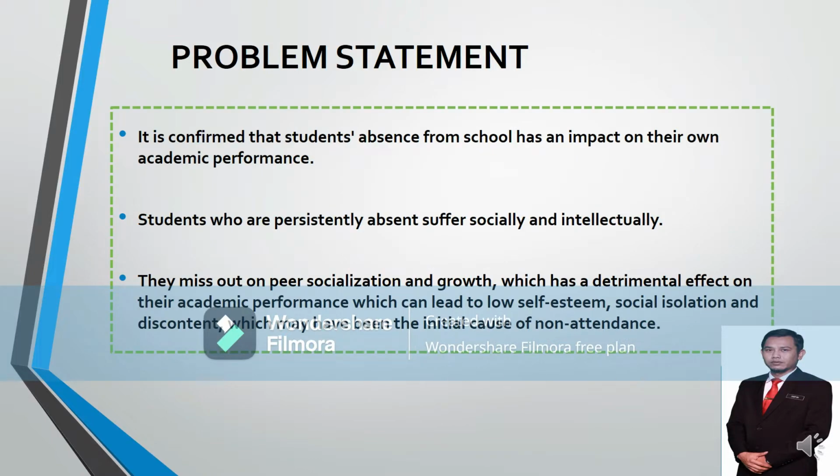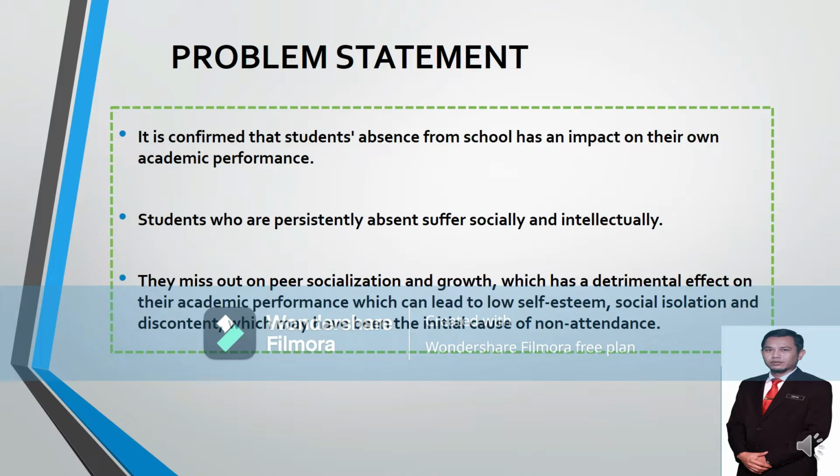For the problem statement, it is confirmed that a student absent from school has an impact on their own academic performance. Students who are frequently absent suffer socially and intellectually.